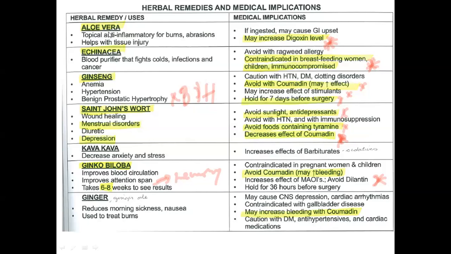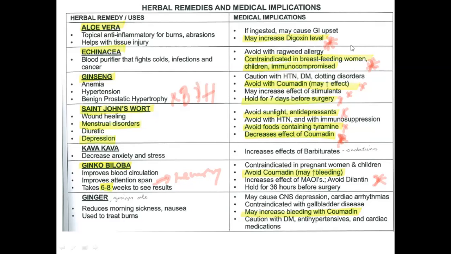Like aloe vera, anti-inflammatory effect, helps with tissue injuries, but it is very important what NCLEX would ask: if your patient has to take digoxin for a heart problem, it is not good to take these two together because aloe vera may increase the digoxin level, and you know if digoxin level increases, it causes digoxin toxicity, right?